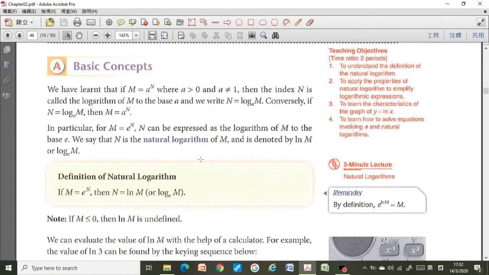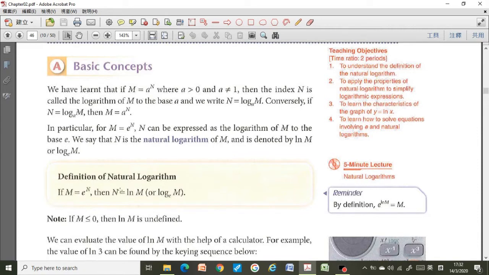By the definition of logarithm, the definition of natural log can also be written like this: m is equal to e to the power n, then n is equal to natural log m, or log m to the base e. And this is a very important thing by the definition.